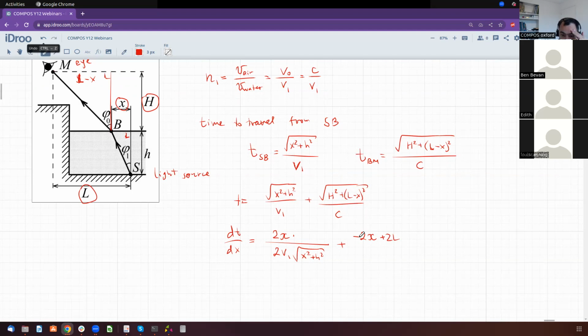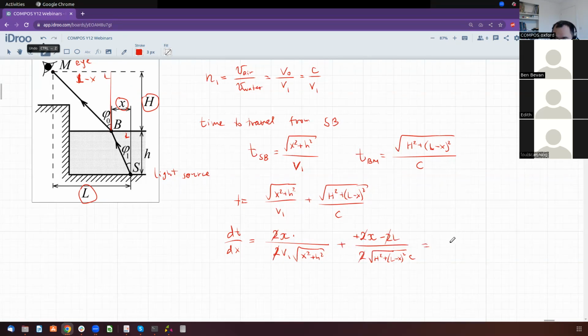Apologies. So there's no minus, so L plus X. Thank you. But that means it's going to be minus 2L over 2 square root h squared plus L minus X squared C. Okay, so the 2's cancel.